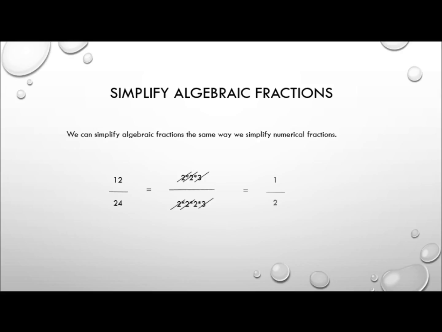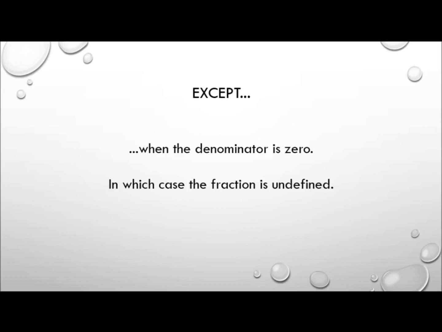Once we've cancelled out the common factors, it's a simple matter to figure out what the numerator and denominator are in their simplest form. Except, of course, when the denominator is 0, in which case the fraction is going to be undefined.